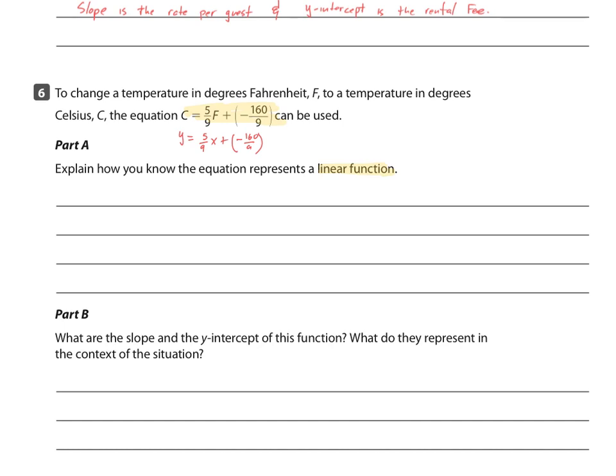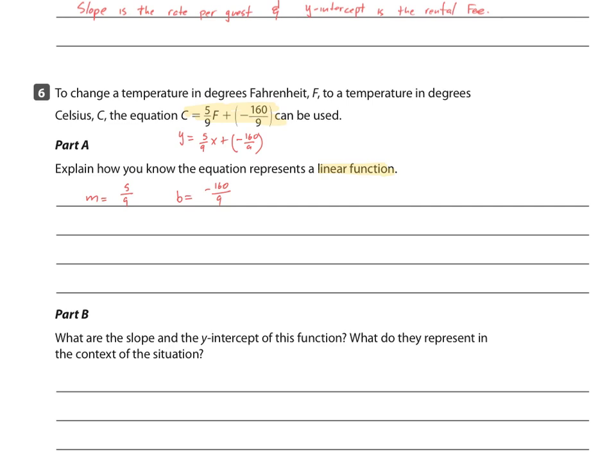Now that we have that, that looks more like a linear equation, and we can identify the parts. We can say m is equal to 5/9, so it has a constant rate of change. b is equal to negative 160 over 9.